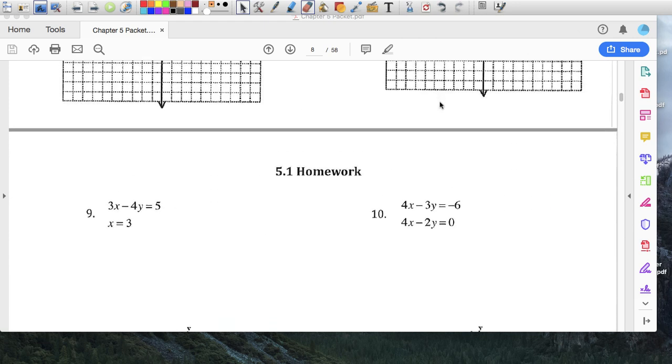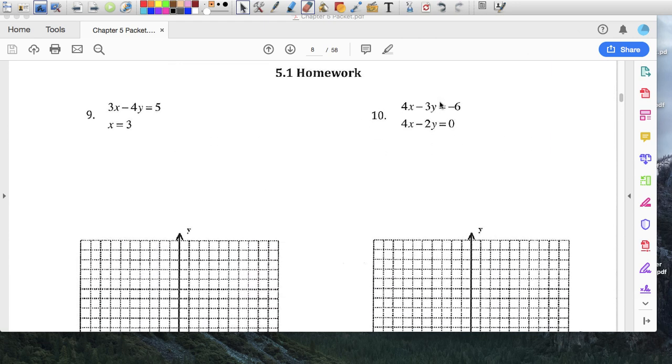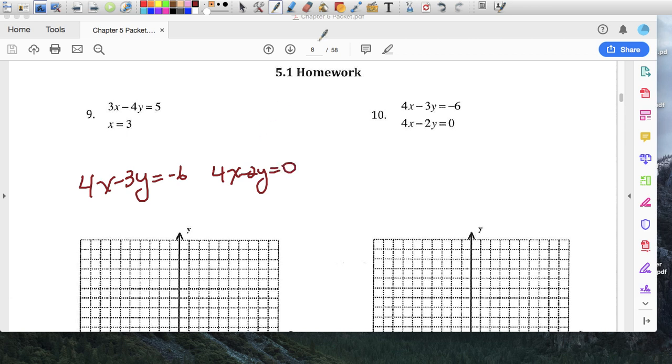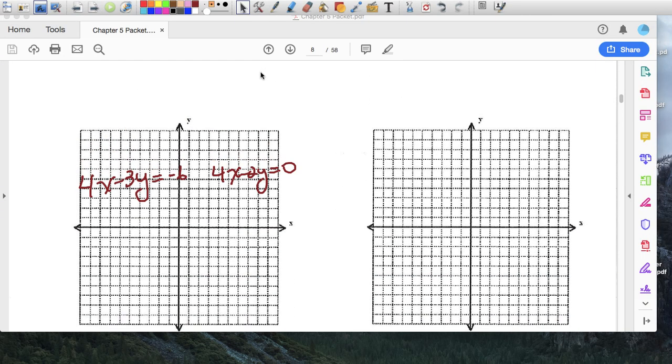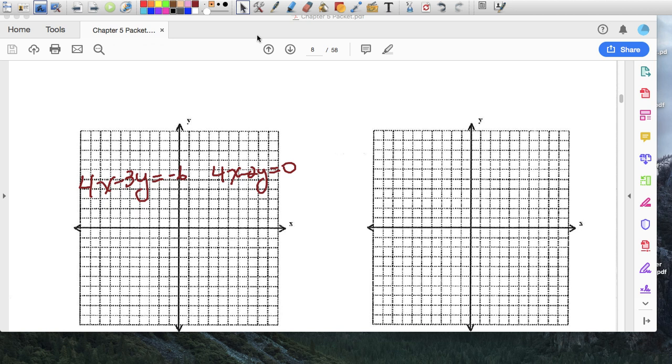So let me write the equations. 4x minus 3y equals negative 6, and the other one is 4x minus 2y equals 0. Somewhere around there I did something wrong, so let me do everything from the start.